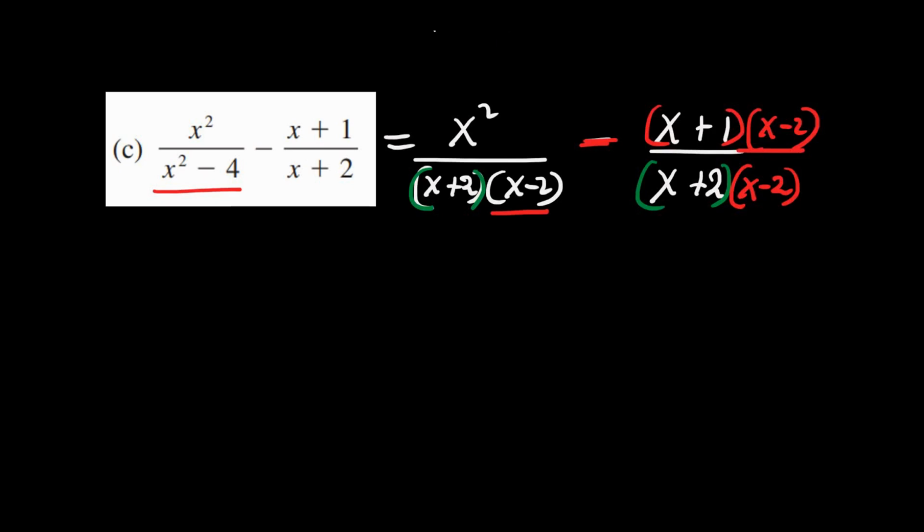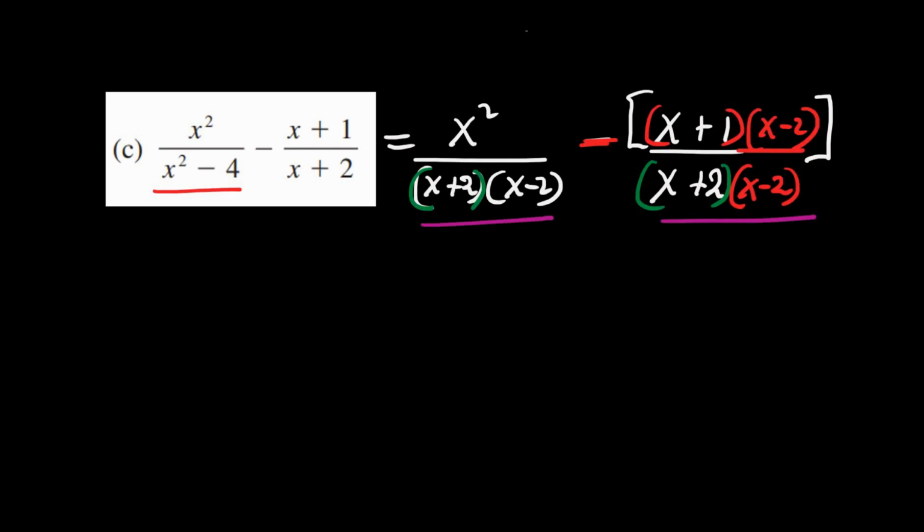So you can see that what we have here is exactly what we have over here. So we now have a common denominator. So next we need to expand this. We need to expand the numerator.